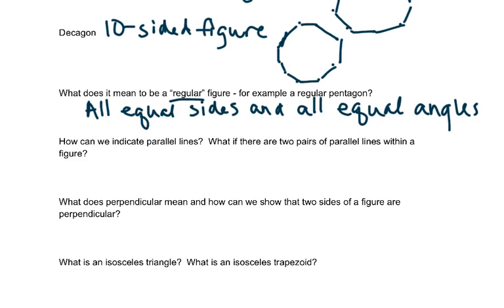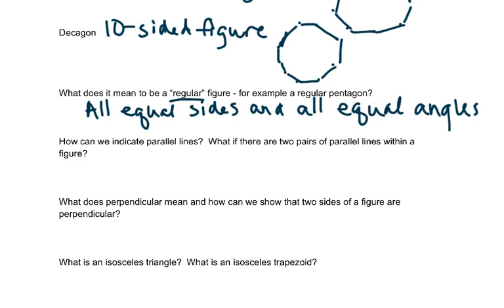A triangle with all equal sides and all equal angles is called equilateral. And a regular pentagon is a five-sided figure with all five sides equal and all five angles equal. We don't have a special name for that. Just the word regular in front means all equal sides and angles.